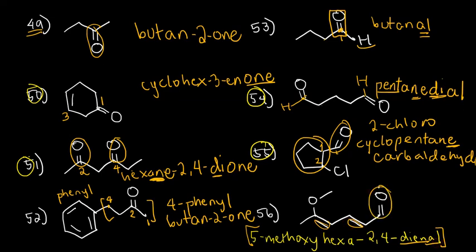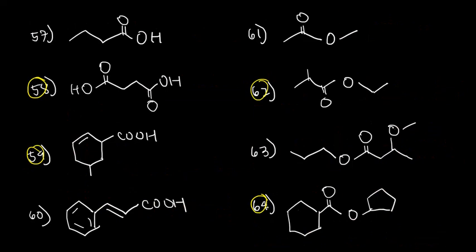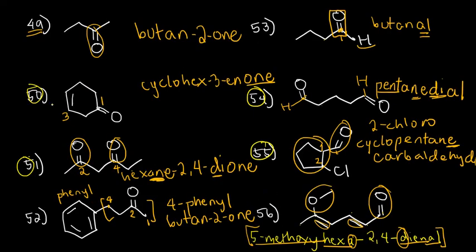Al, of course, because of the aldehyde group. Hexa because I have 6 carbons, 1, 2, 3, 4, 5, 6. Okay. And notice I still make sure that my vowels and consonants are beside each other. Then 5-methoxy, that's already obvious at this stage. Okay. Now we move to, we're now done with ketones and aldehydes in this slide.